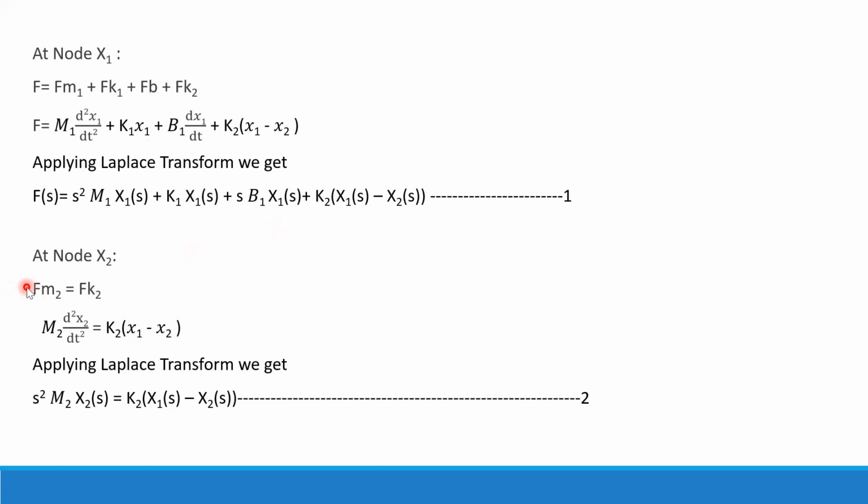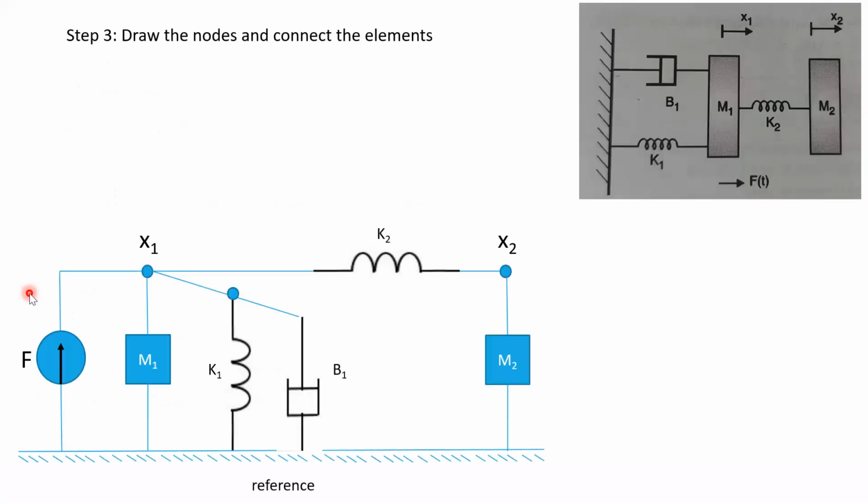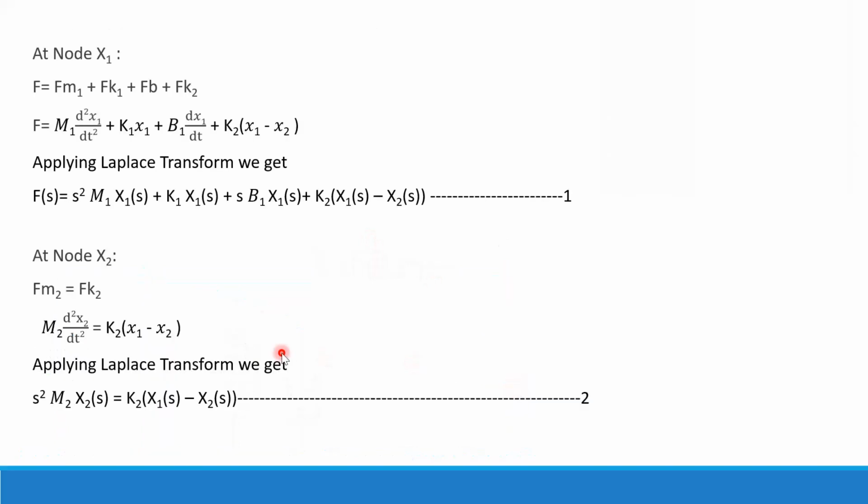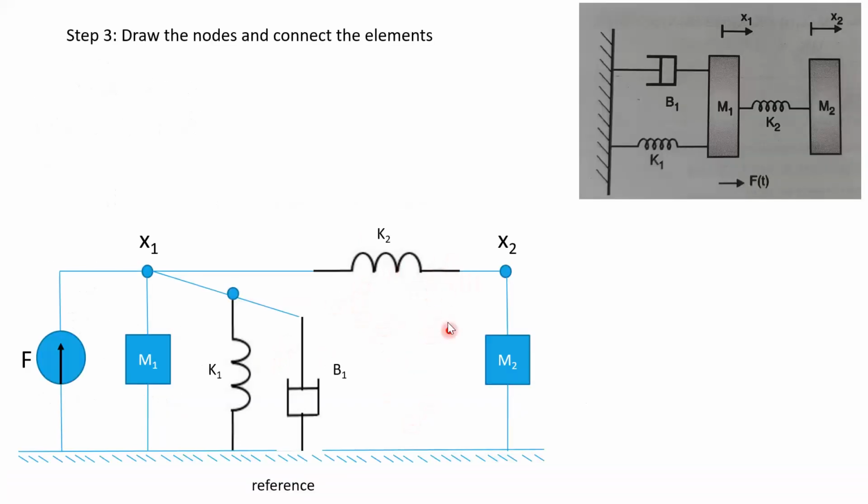At node x2, Fm2 is equal to Fk2. The incoming force and outgoing force will be equal and opposite. Since there is no direct input of force present here, we'll only consider the forces created by the components. The force at x1 is connected to m1, k1, b1, as well as to k2, but there is no force connected to m2.